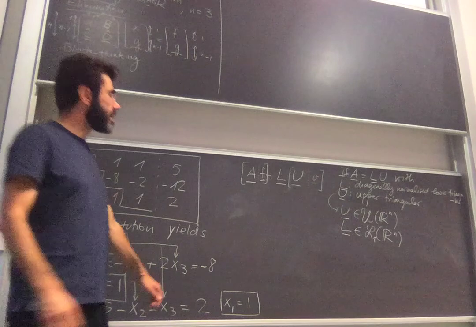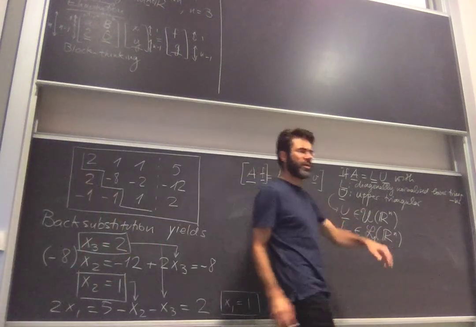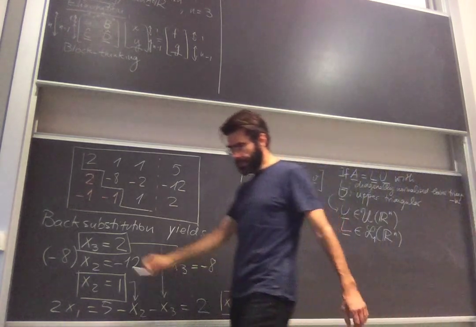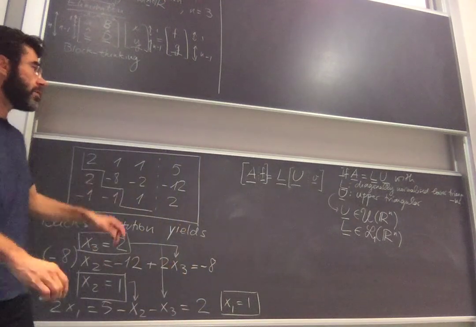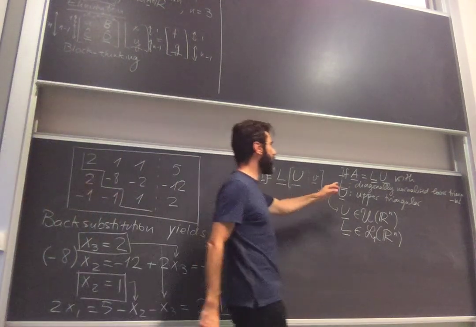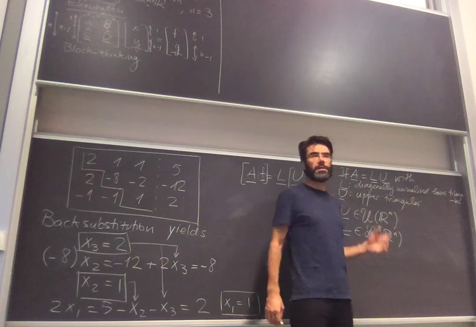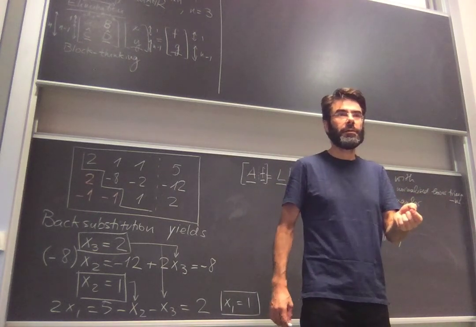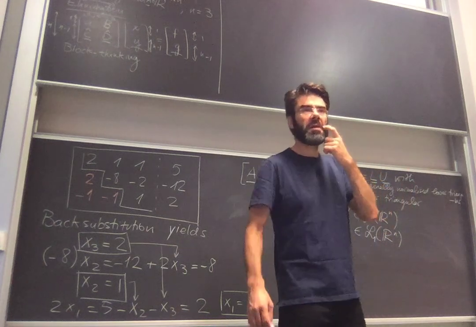Okay? Because there's a slight dissymmetry between the two definitions because the lower triangular ones have the additional requirement that they are diagonally normalized. So diagonally normalized means that they have ones on the diagonal. Okay? I'm not going to write the definitions, you can find them in books.